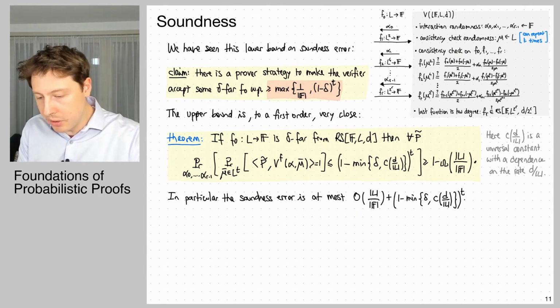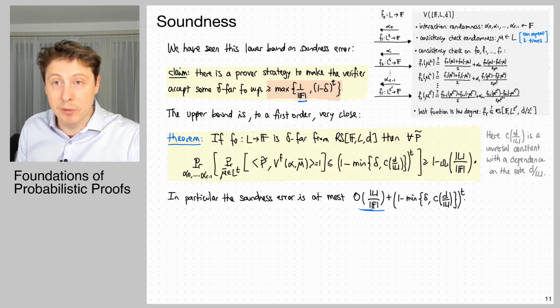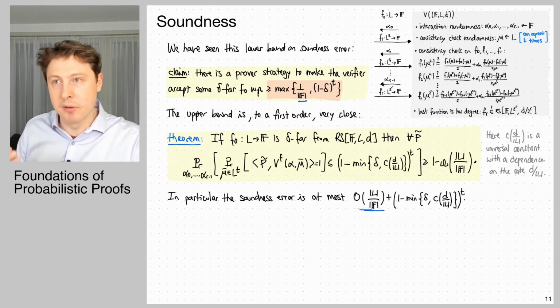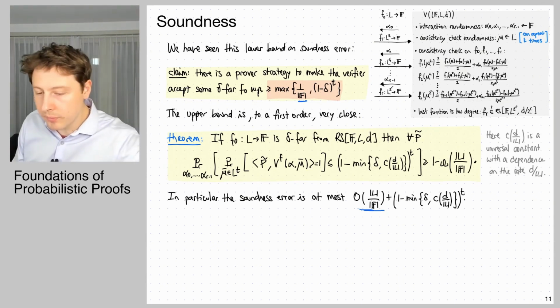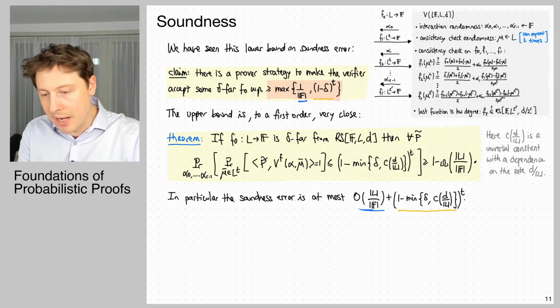Notice that this term over here reflects this one over here, something over f. Now, the numerator is a bit larger, L over f rather than 1 over f, but it's still something over f, and for large fields it's usually something you're not going to worry about. The second term is analogous to this one over here.